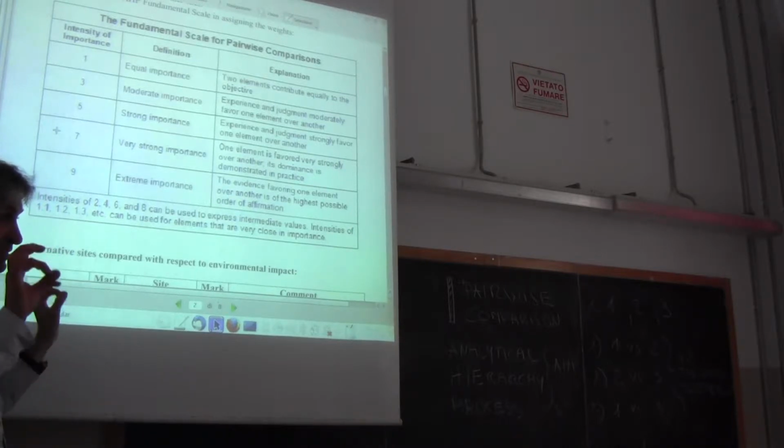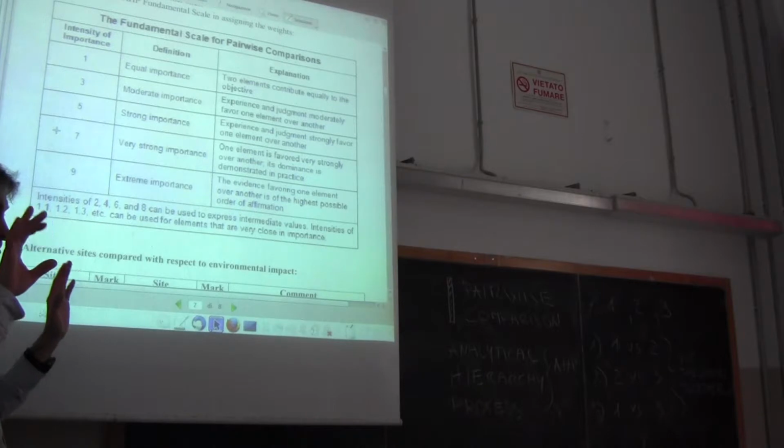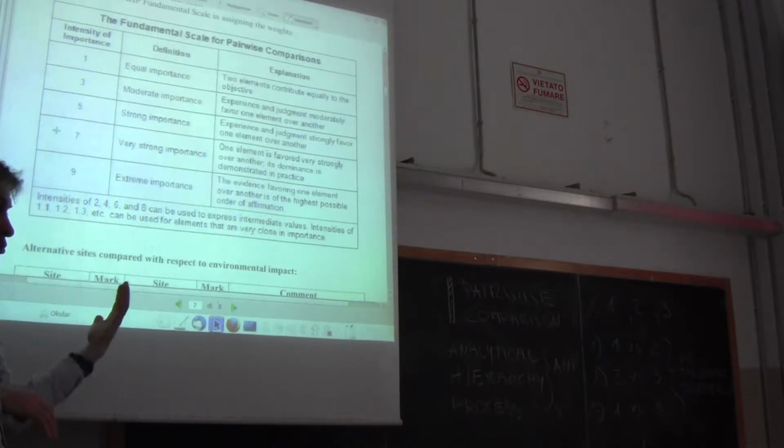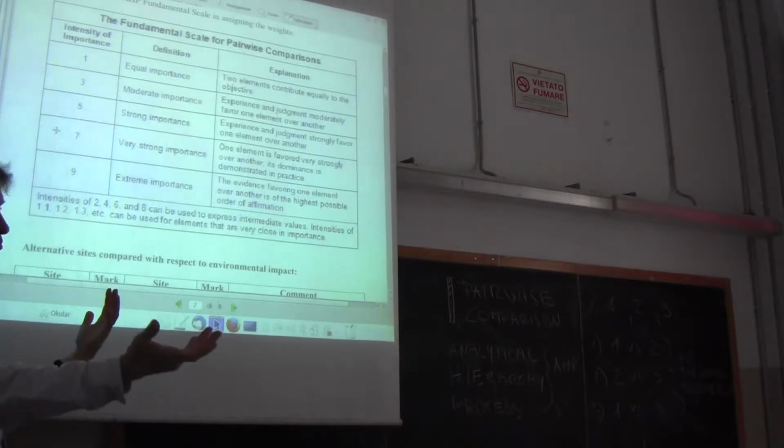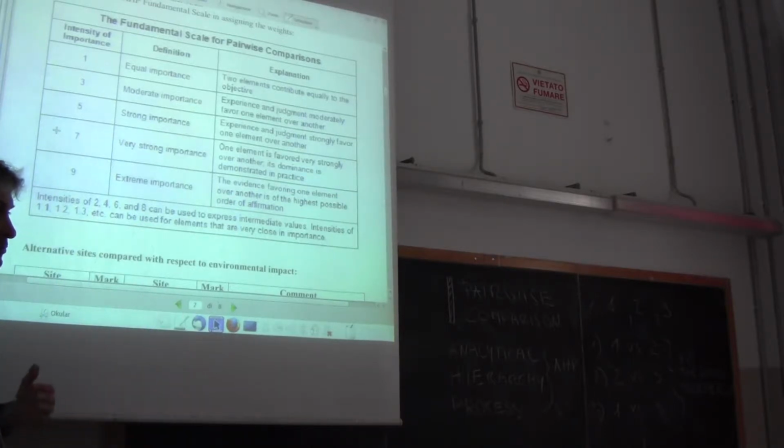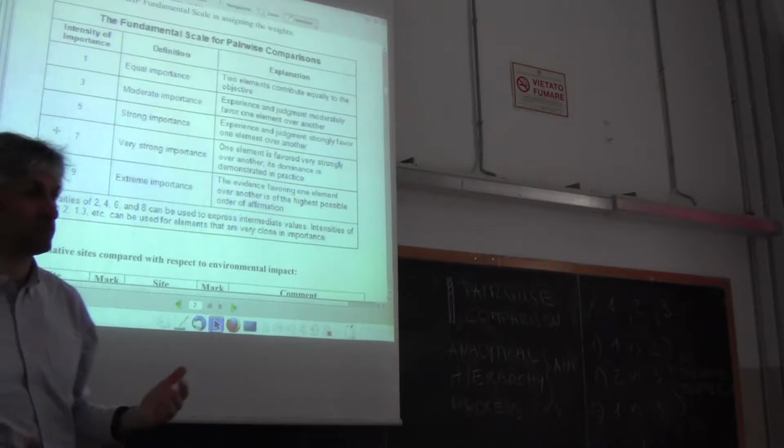It's a symmetric evaluation. When you make a pairwise comparison and you say that one solution is better, it means that the other solution is worse. So if you say that the importance is 3 of the first with respect to the second solution, then the importance of the second solution with respect to the first is 1/3.